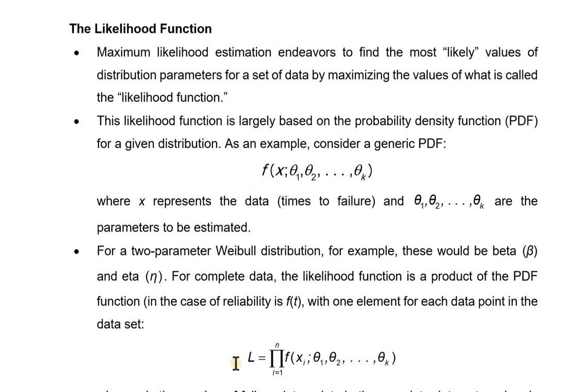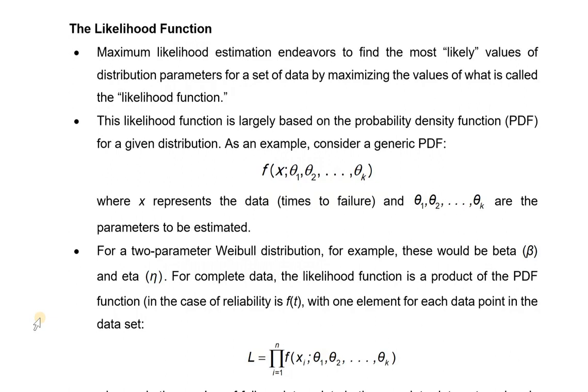Okay, next let's go to the general steps in MLE. Basically, the first step is to define the PDF of the distribution. It depends on the distribution because now we want to estimate the parameter of the distribution.